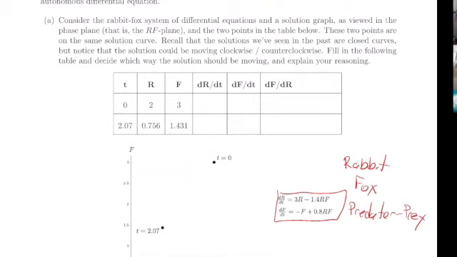We can consider how the rabbit population changes with time, R versus T, how the fox population changes with time. Usually what we're most interested in is how the rabbits and foxes are related to each other, and we can include time in that picture in another way. So that's what I want to talk about here.